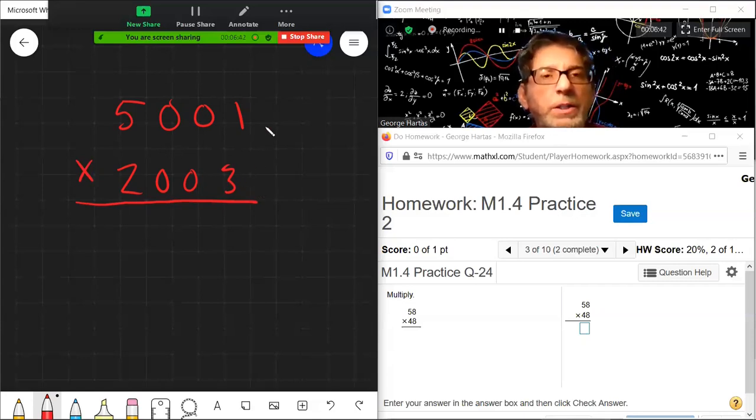Can we use that zero technique to make multiplication easier for this problem? No, we can't do that because these zeros do not end. They're not ending zeros.